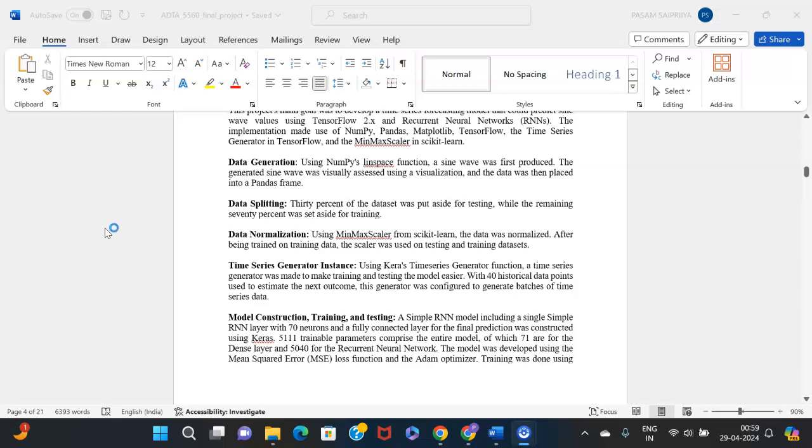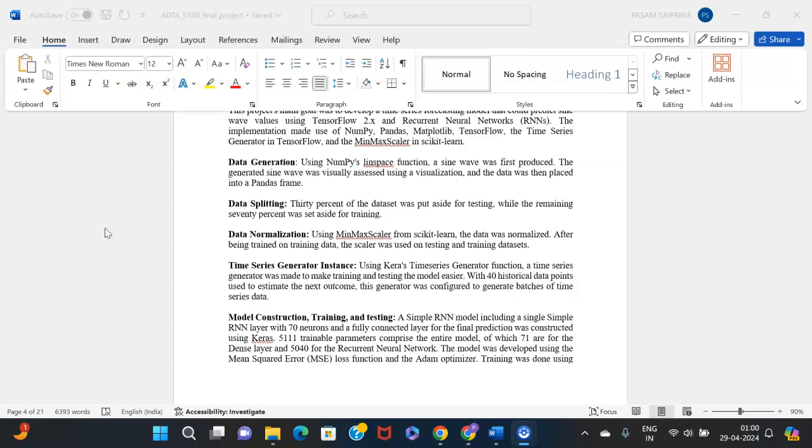Data generation: using NumPy's linspace function, a sine wave was first produced. The generated sine wave was visually assessed using a visualization, and the data was then placed into a pandas DataFrame.